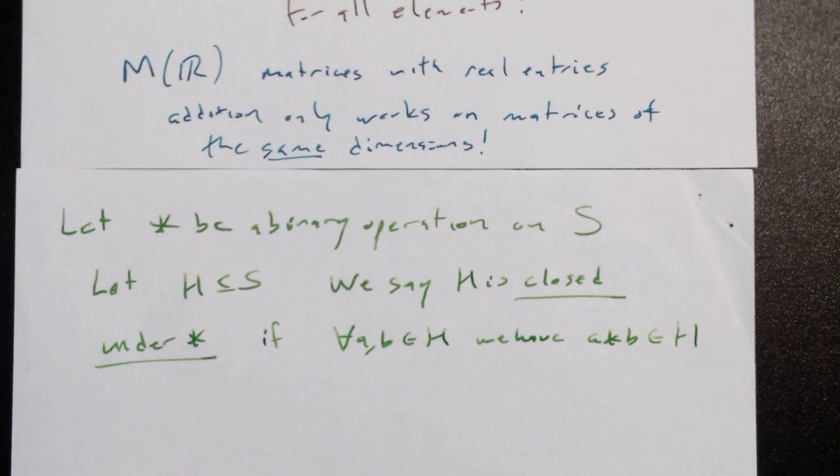A binary operation acts on our set. Now, if I just look at the subset H, H is closed under my operation if every time I operate on things in H, I stay in H.